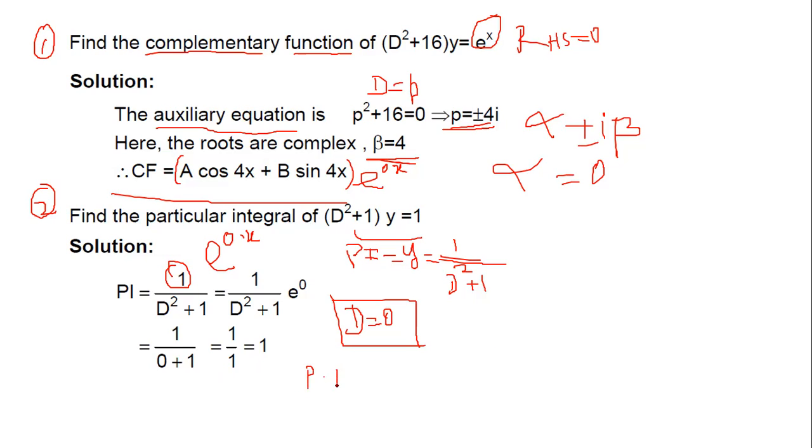Particular integral equal to 1. In case it says find the solution of (D square plus 1) y equal to 1, then what is the answer for this? What is the complementary function for this?